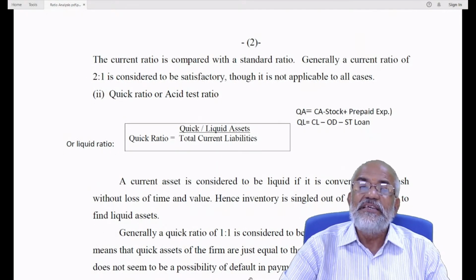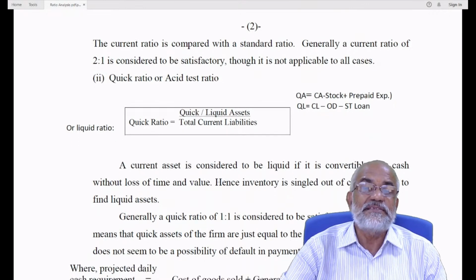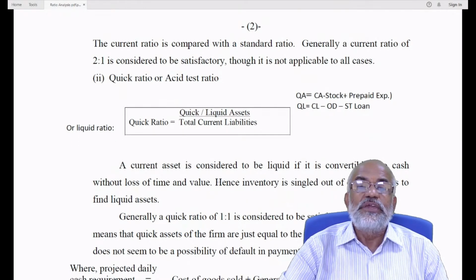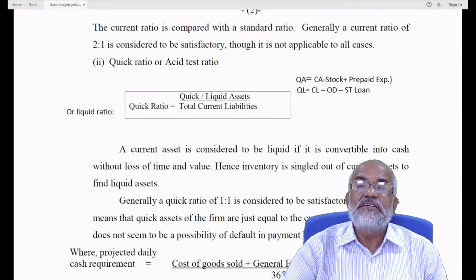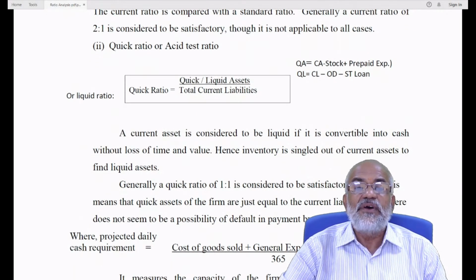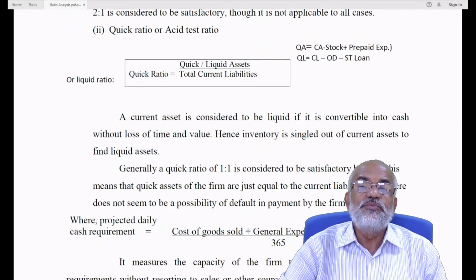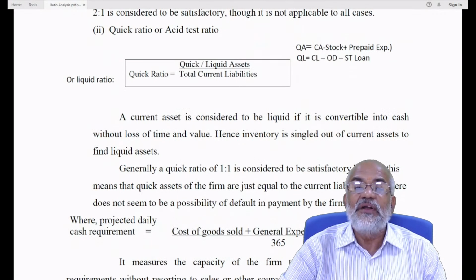Hence, inventory is singled out of current assets to find liquid assets. So also is the case of prepaid expenses. Generally, a quick ratio of 1:1 is considered to be satisfactory because this means that quick assets of the firm are just equal to the current liabilities and there doesn't seem to be a possibility of default in payment by the firm.